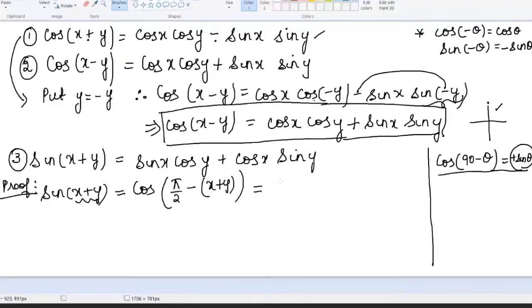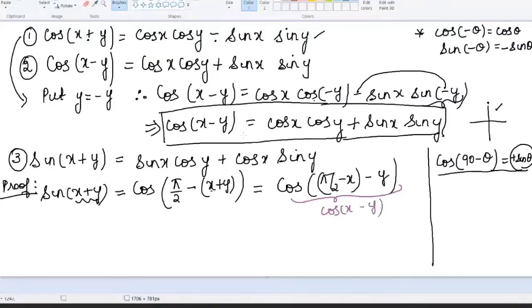Now, can I write this as cos of pi by 2 minus x, and I multiply the minus sign, minus y. So now this became of the form cos x minus y.